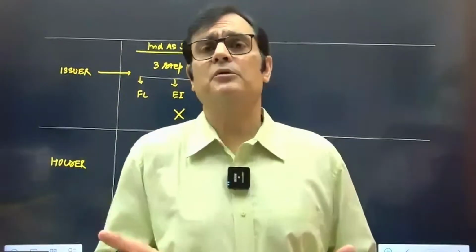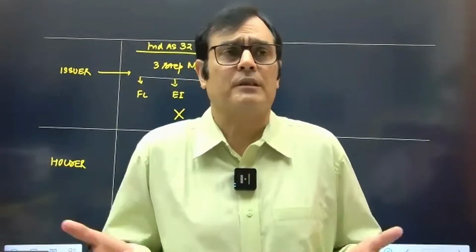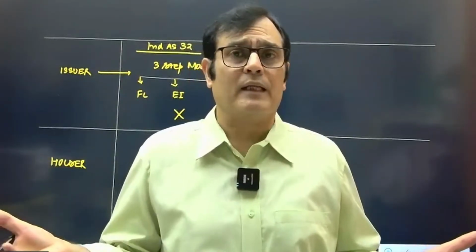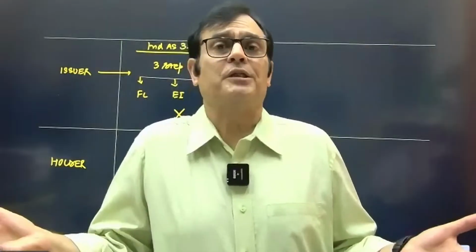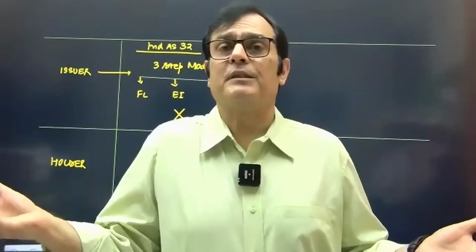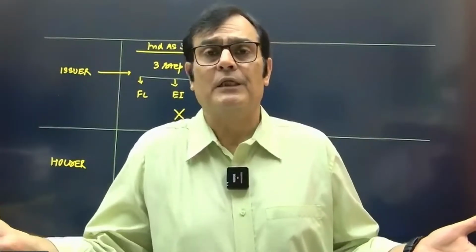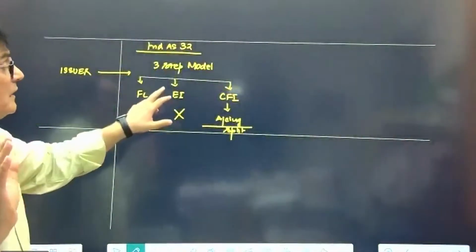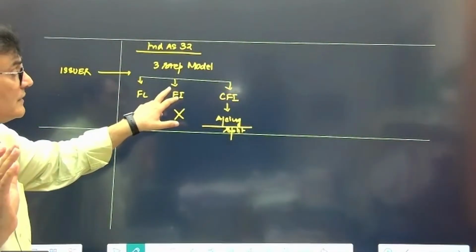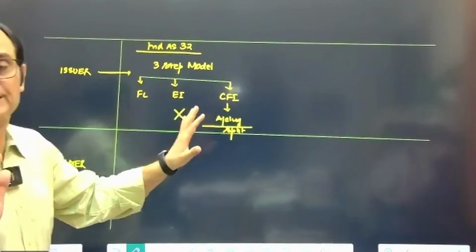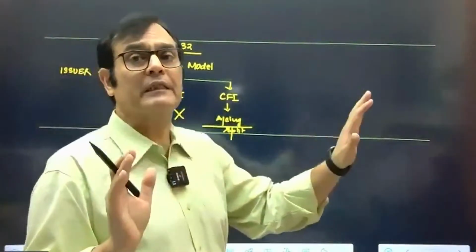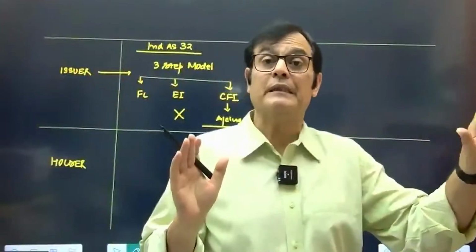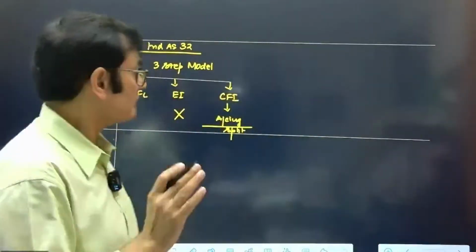If somebody were to ask you for an entry for issue of equity shares, you've done it at school level as well. Bank debit, equity share capital gets a credit, and if there is any premium, the share premium gets a credit. There is no rocket science in accounting for equity instruments, so we're not even going to discuss this element. I think this is implied.